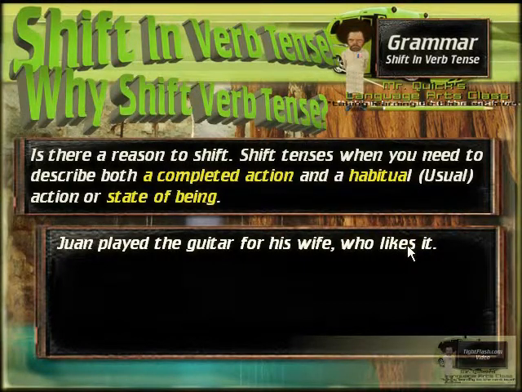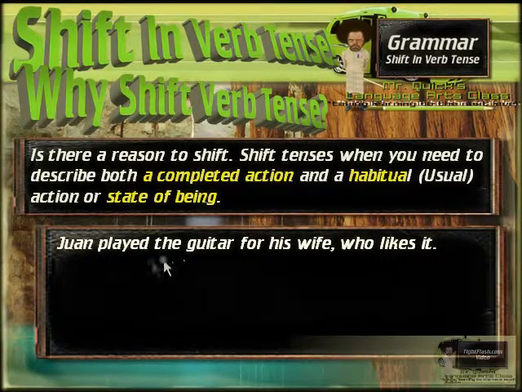When he starts playing it, she gets happy and she really enjoys his guitar playing. But in order to give the reader a better understanding of what she likes, then of course we add this clause here, to clarify that it is actually the guitar playing that she likes.